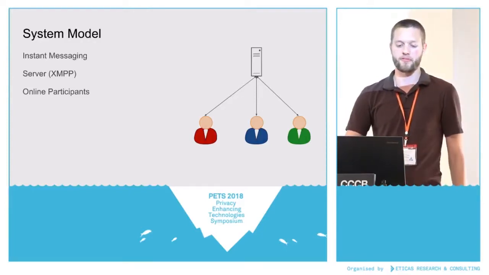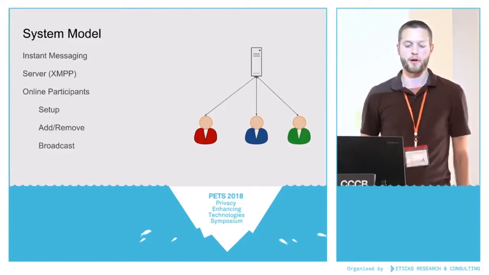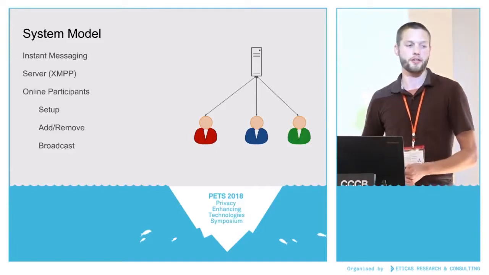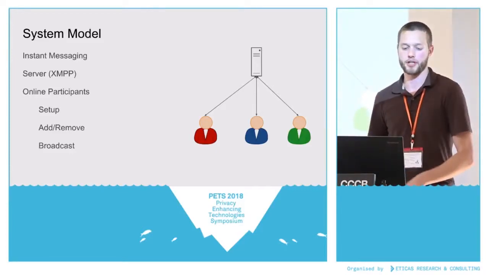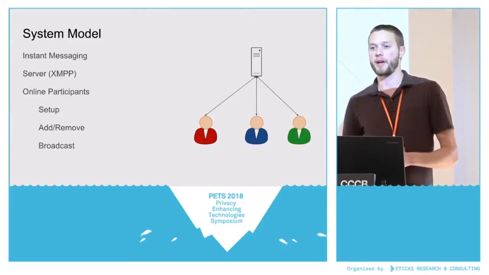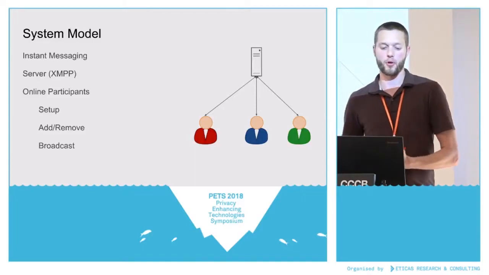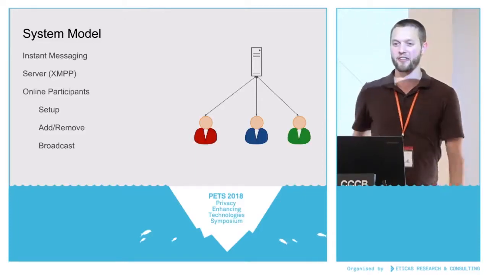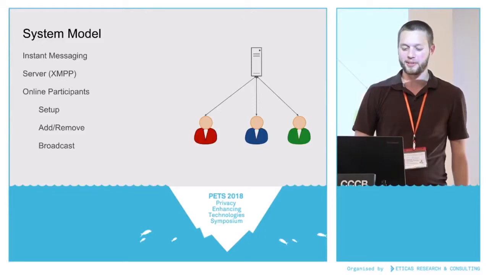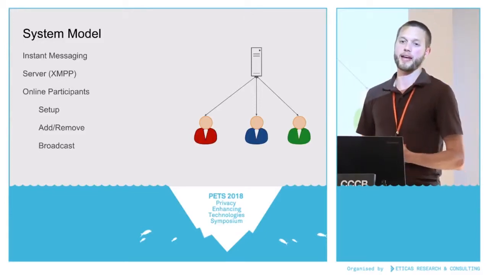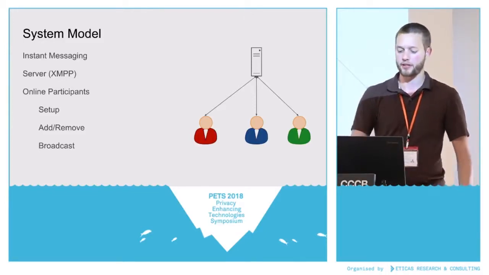The participants need to perform a small set of operations. They need to be able to set up conversations. They also need to be able to have dynamic groups where they can add or remove users without having to restart the protocol. I leave the adding or removing part to the paper. They also want to broadcast messages so that they can actually communicate.